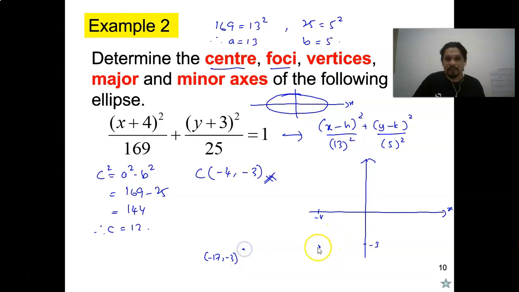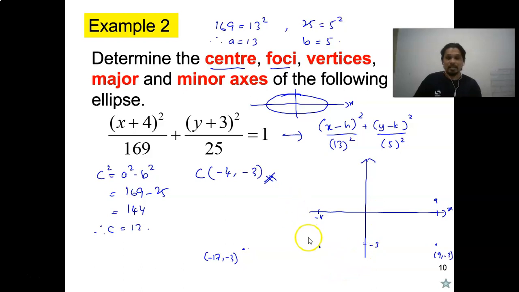Negative 4 plus 13 ends up at 9, and negative 3, because it is at the same level with the value of y, negative 3.